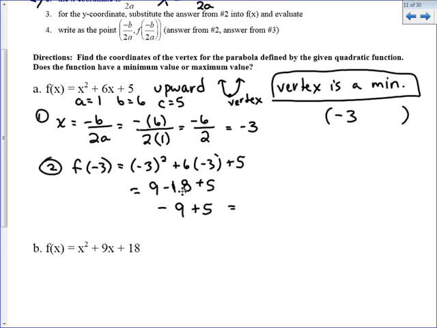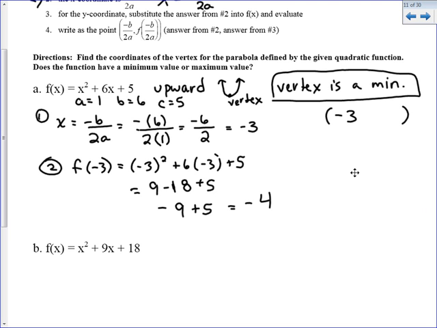When you come down to all addition and subtraction, you work left to right. So I had a lot of people who said, okay, 18 plus 5 is 23, 9 minus 23. You can't do that unless there are parentheses. So once you get down to just all adding and subtracting, just go left to right, and you won't mess up your signs. So you should get negative 4.